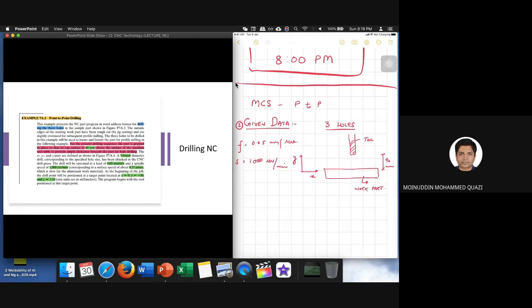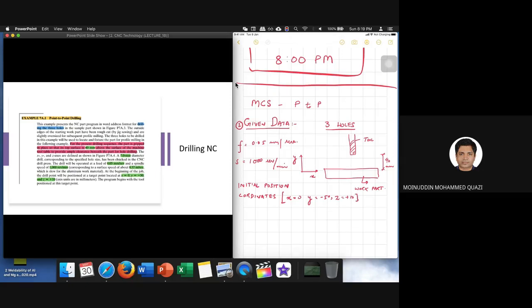At the beginning of the job, the drill point will be positioned at a target point. The initial position coordinates are given, which are X equals 0, Y equals minus 50, and Z equals plus 10.